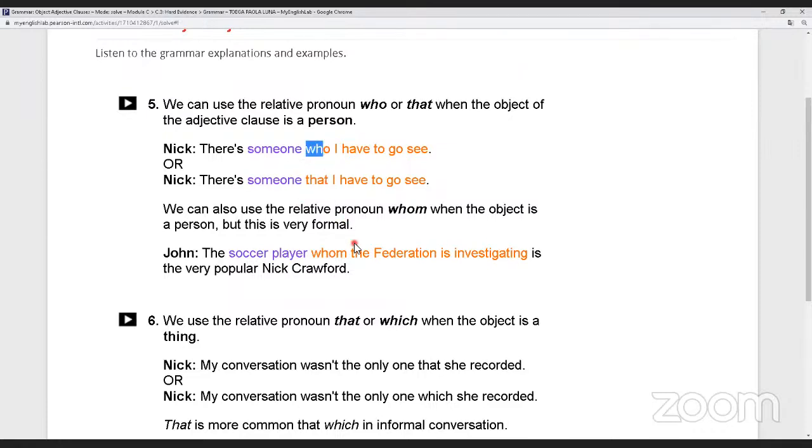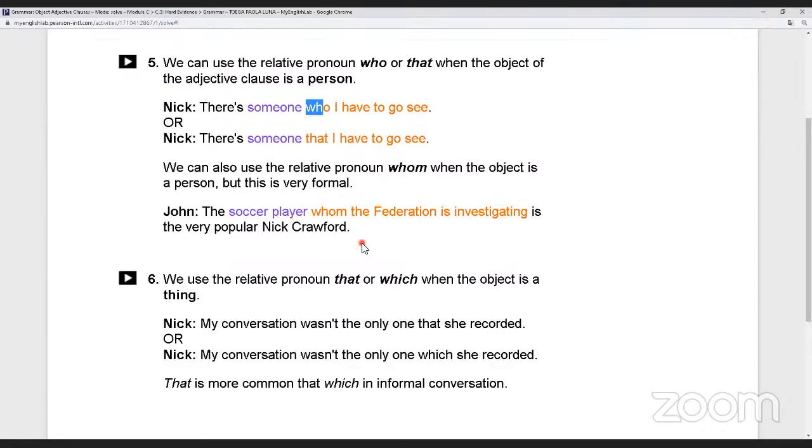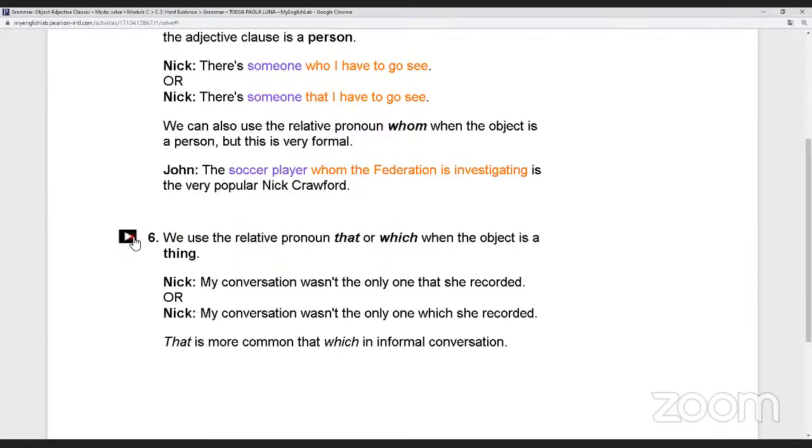And then who, whom, which, whose, when, where, then, it's more formal, right? So take care in that part. The difference is the formality of each case. So let's continue with point number 6.